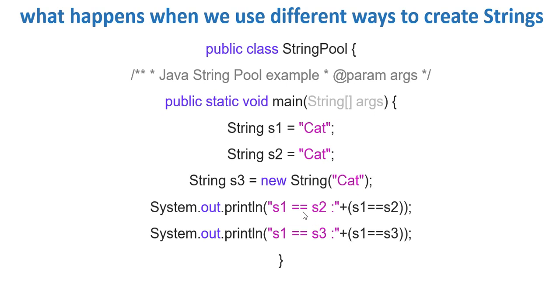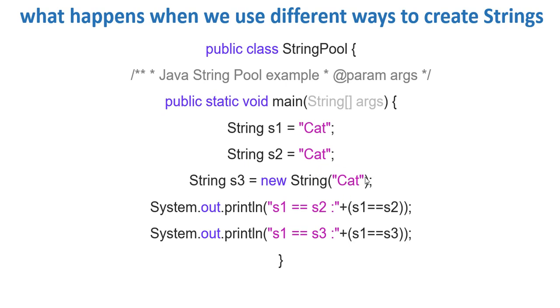The output is the value of s1. It is obviously equal to s2 because we have used the same way of creating the string, but here we have created using a different way.